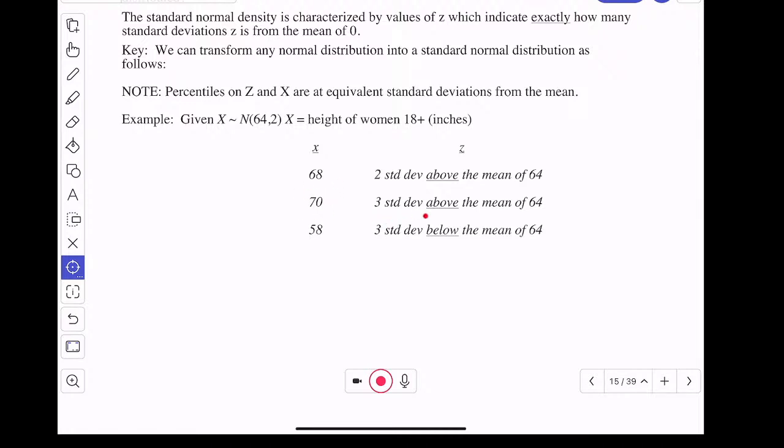70 is 3 standard deviations above the mean of 64. Again, I can use that 3 with the standard normal table to determine what's the chance of seeing a woman less than 3 standard deviations, or 70 inches.